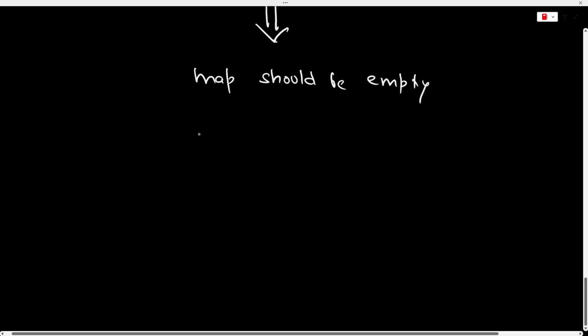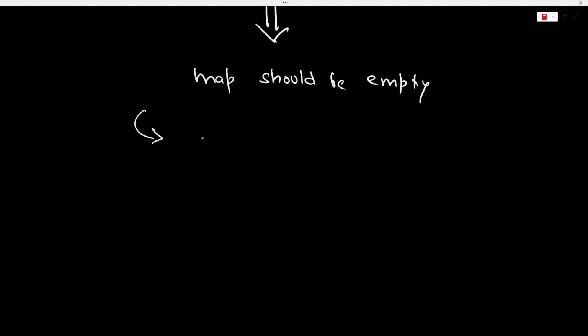I hope this is clear. And if any character is present in the map whose frequency is not 0, greater than 0 or less than 0, then we can conclude that those strings were not anagrams.